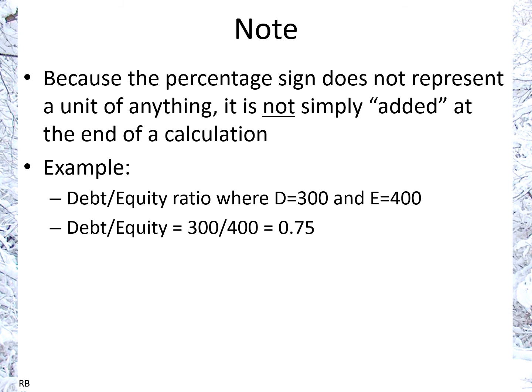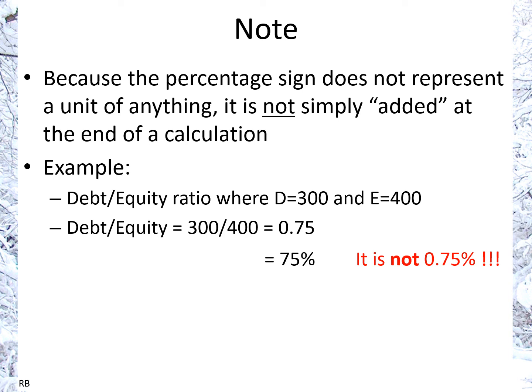So you take 300 divided by 400, and the answer is 0.75, which is also 75%. Just keep in mind, the answer is not 0.75 and then you add a percentage to it as if it's a unit. Percentage is just a way of representing a number, and so basically it's 75%.